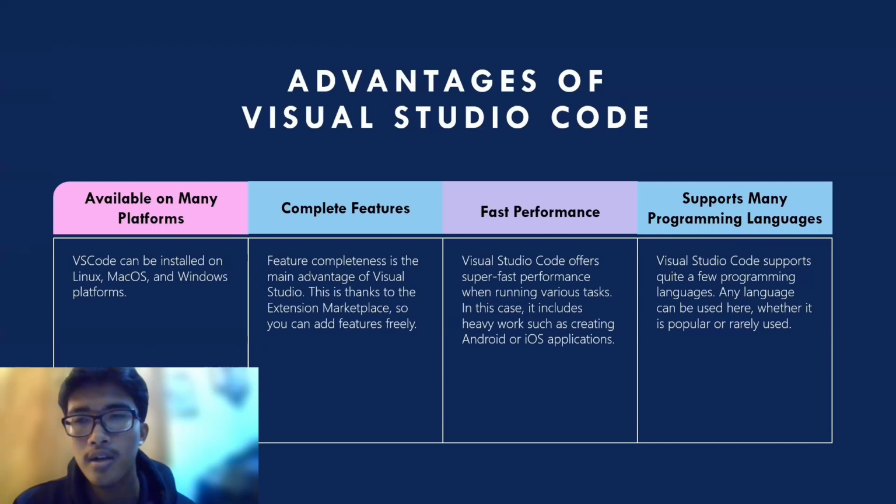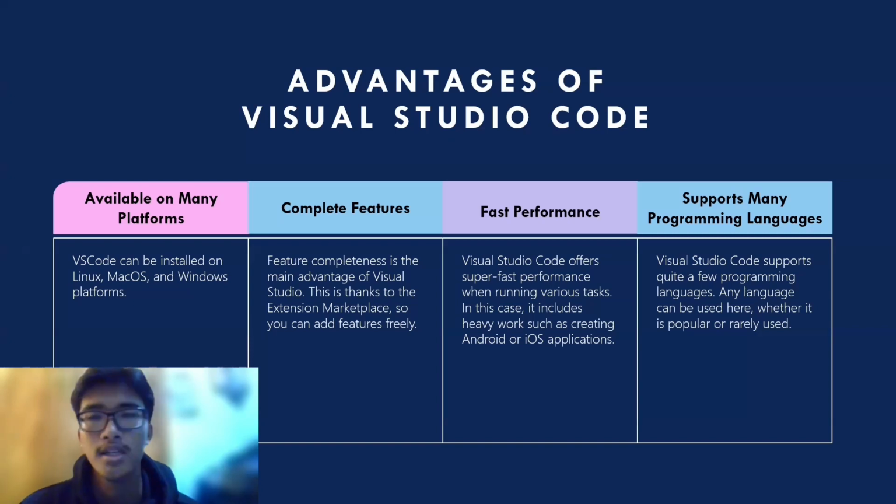Visual Studio Code can be installed on Linux, Mac OS, and Windows platforms. Second, complete features. Feature completeness is the main advantage of Visual Studio. This is thanks to the extension marketplace, so you can add features freely.